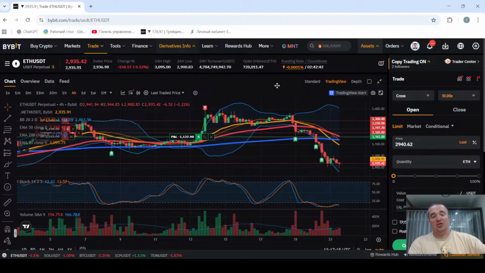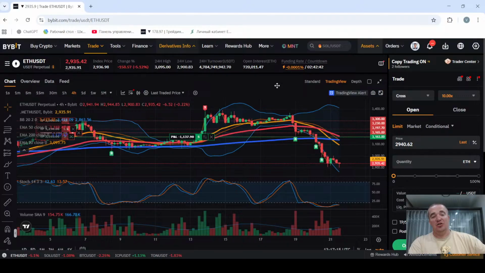Those movements allow us to think that if price is consolidating now near 2,900, then it can move to the area of the EMAs, EMA 200, to retest it, and then I'm supposed to reduce my deal, because if price touches here, I will be able to reduce the volume of my order.